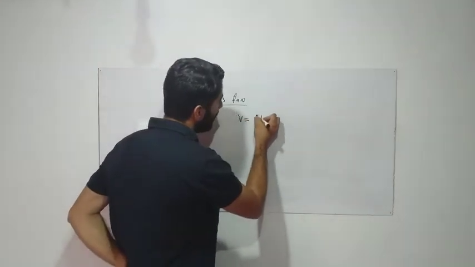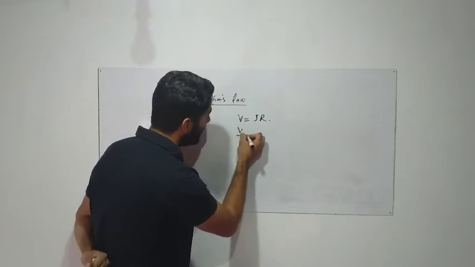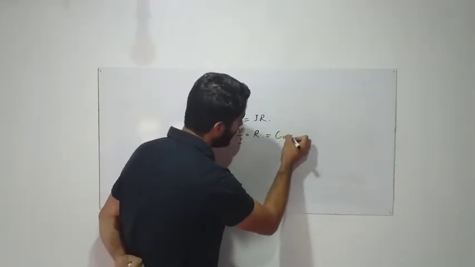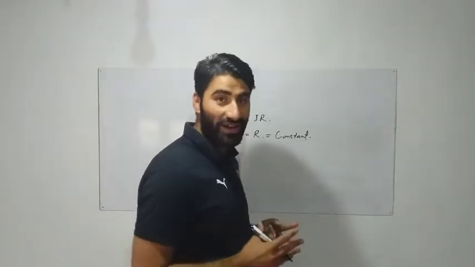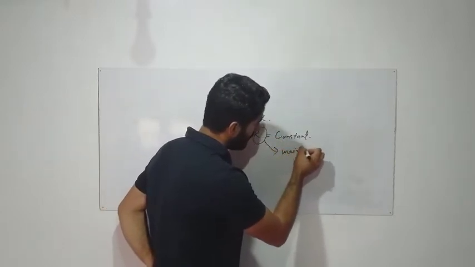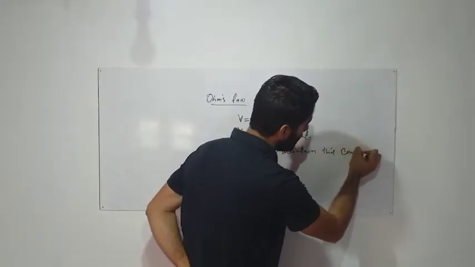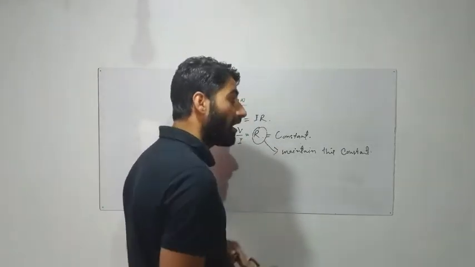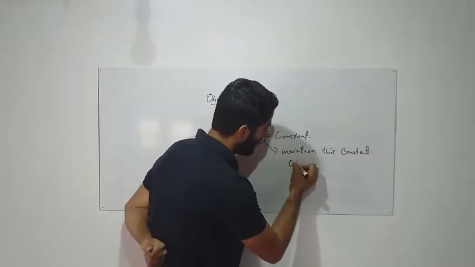We know V is equal to IR, and we can also write V divided by I is equal to R. And this R is actually constant. The materials which maintain this R as constant, that means their ratio V by I always comes out to be constant, we call these materials ohmic materials.